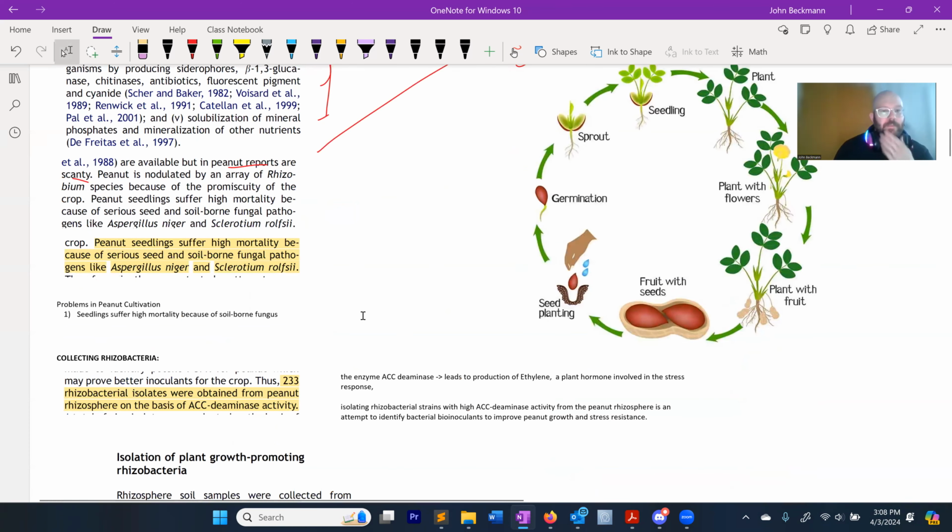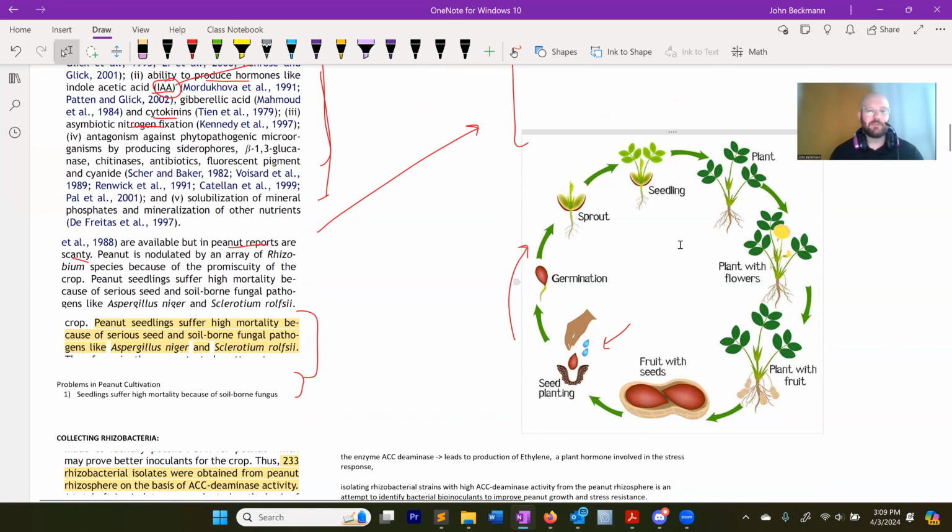Okay, and then they briefly mention a minor problem with planting peanuts: when you plant peanuts, they're saying that you get a high mortality of the seedlings. So here's a life cycle of the peanuts. When you plant the peanut, the sprout comes out after germination. And so they're essentially saying there's a significant seed mortality rate, that you lose some seeds that don't germinate, okay? And that problem might be solved by PGPRs.